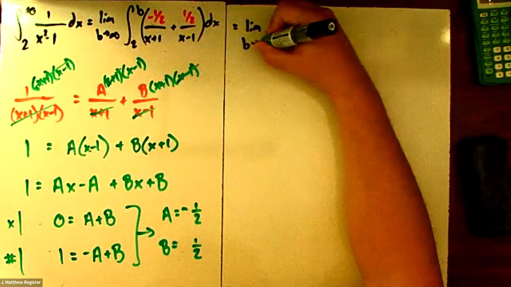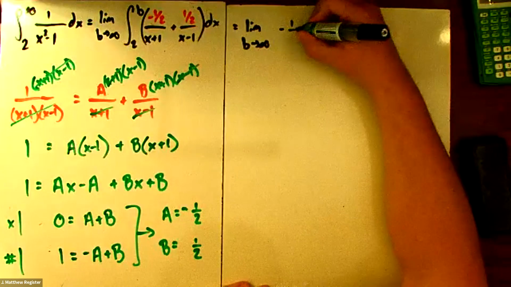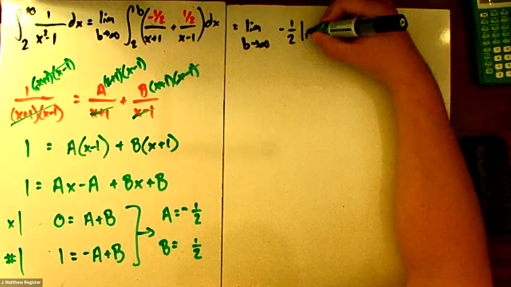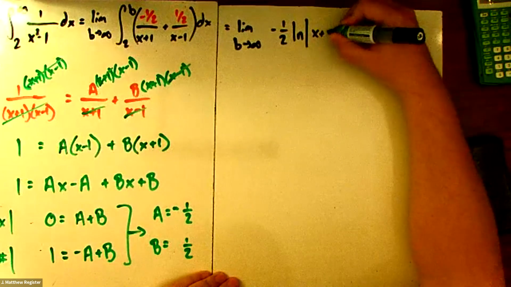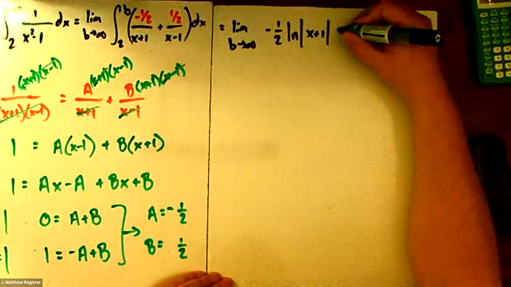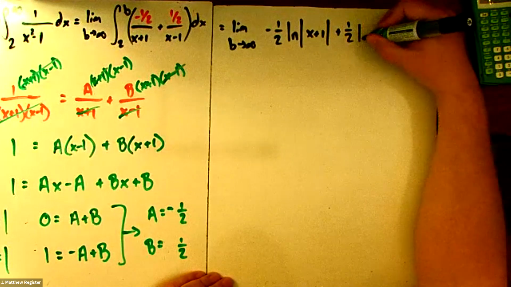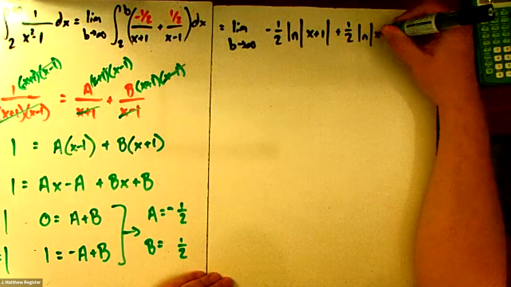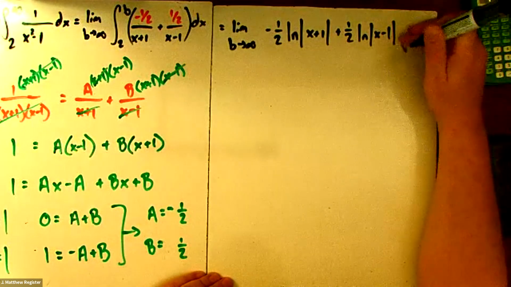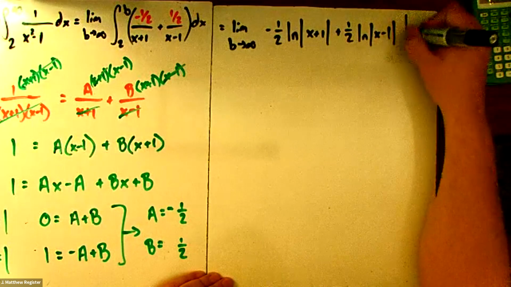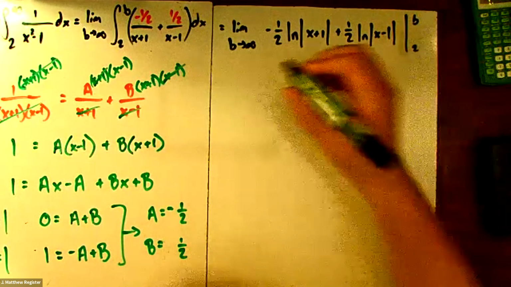Limit as b goes to infinity of negative 1/2 natural log absolute value of x plus 1, plus 1/2 natural log absolute value of x minus 1, evaluated from 2 to b.